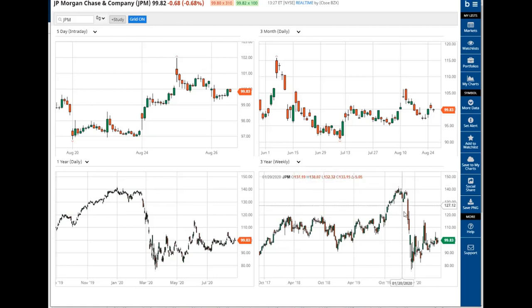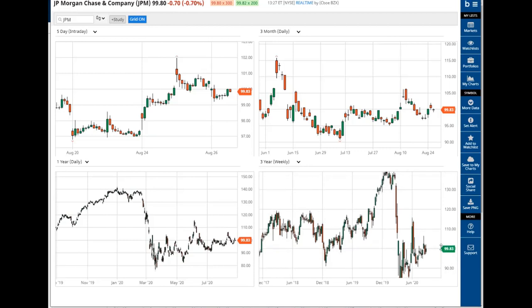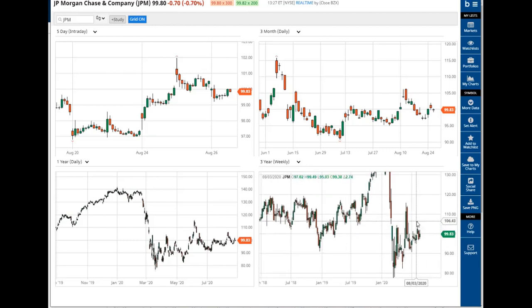And what's going on in my weekly? Well, I like my weeklies because I believe weekly highs and lows are very significant in my trend analysis. And so we can look here and we can see that we just made a weekly pivot high up here around 106, and we've just made a pivot low around $94, $95, right?